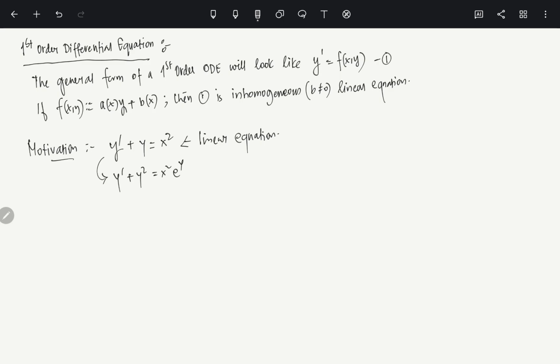So what I am trying to say is this: in most of the non-linear cases, solving the equation is not easy, or it may be very, very difficult.